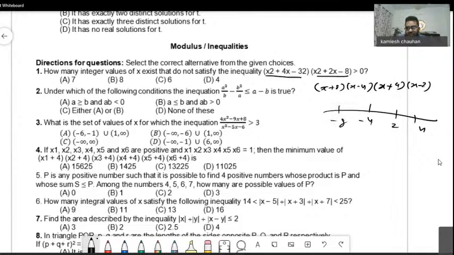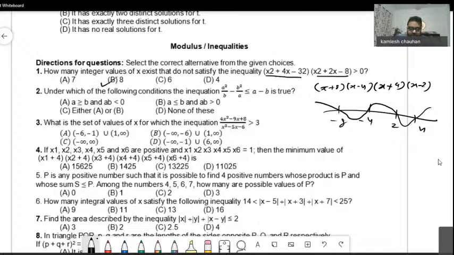The graph will look something like this, everyone. How many integers x do not satisfy this? Which are the integers? 8 to minus 4 and 2 to 4. So 5 plus 3, 8 such numbers are there.